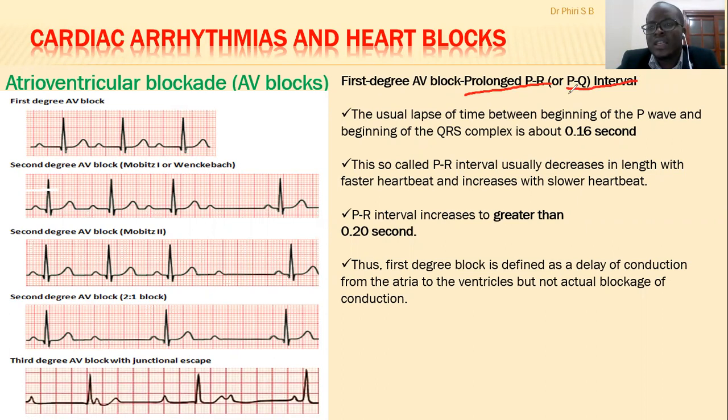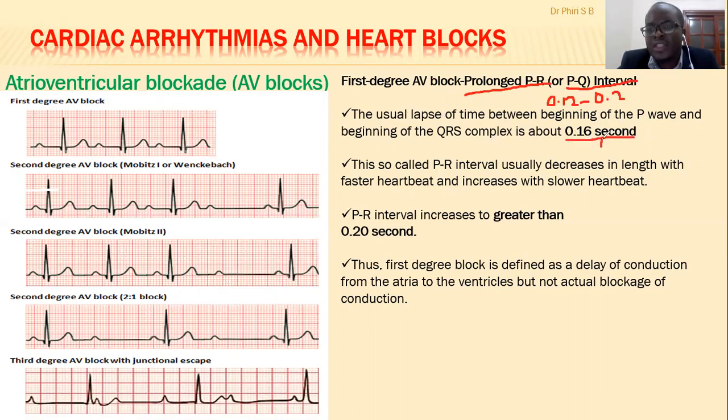Under normal circumstances, the normal range of the PR or PQ interval in a normal ECG should be between 0.12 and about 0.2. On average, the usual lapse of time between the beginning of the P wave and the beginning of the QRS complex should be 0.16.